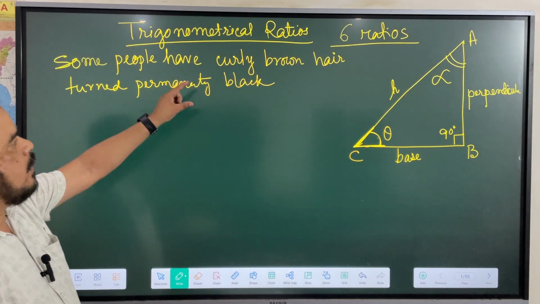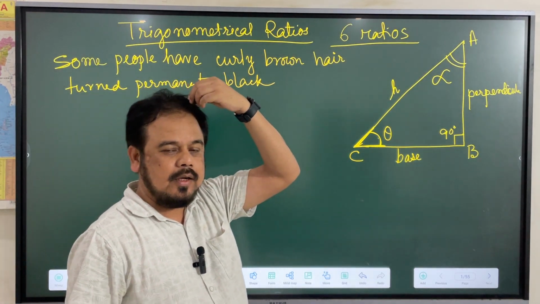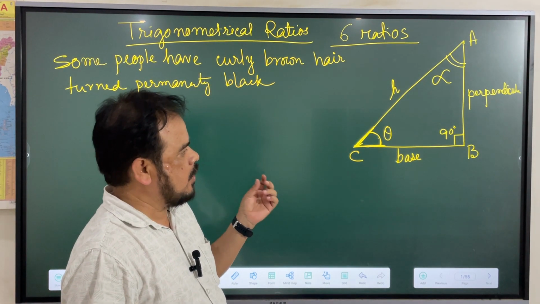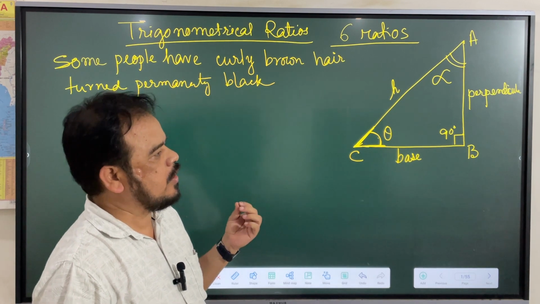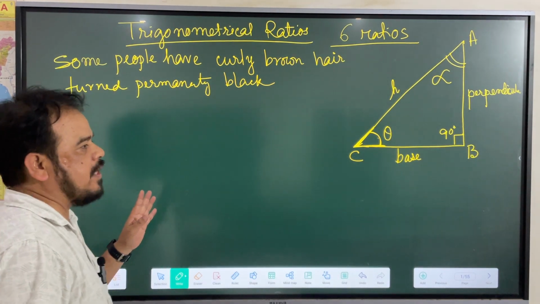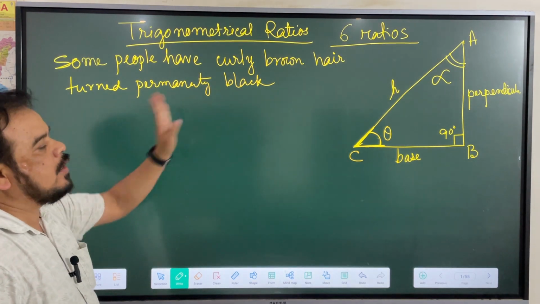Some people have curly brown hair, so they coated some paint, after that it becomes permanently black.